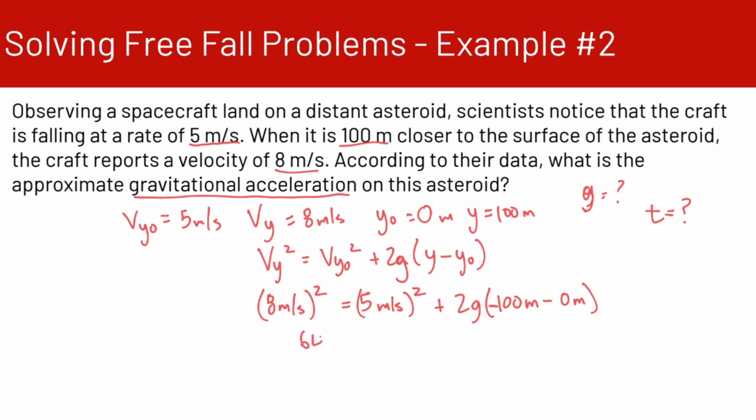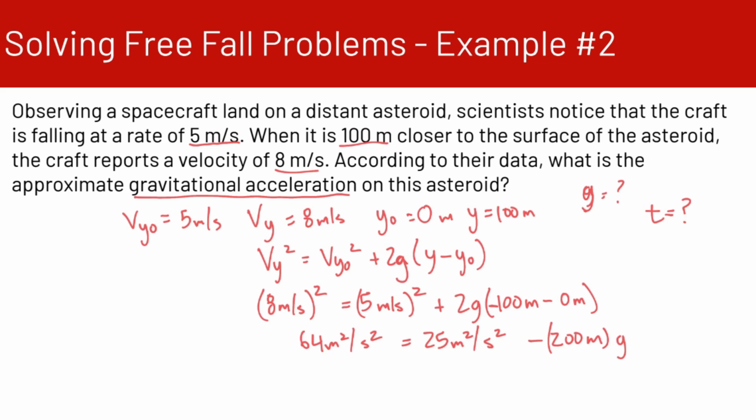So we have 64 meters squared per second squared is equal to 25 meters squared per second squared minus 200 meters times g.